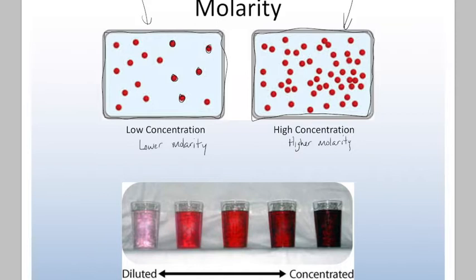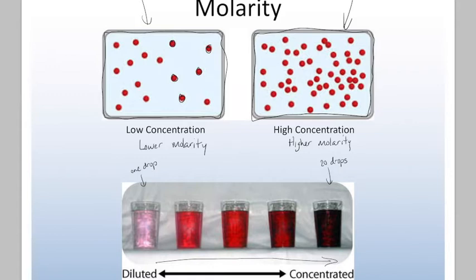So by eye, what are we talking about? We can't exactly see solutes floating around in solution. Well, you can imagine taking some food coloring and dissolving it into water. This is what the picture down below shows. Here is maybe one drop of food coloring, and over here we have 20 drops. The concentration of food coloring is increasing as we go, and you can see this visually.